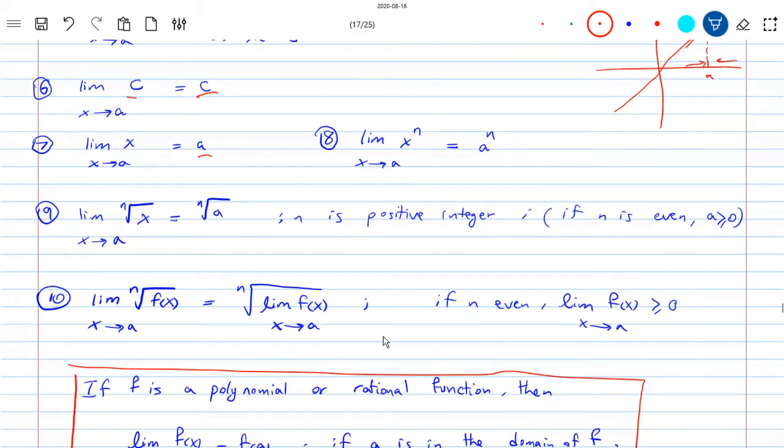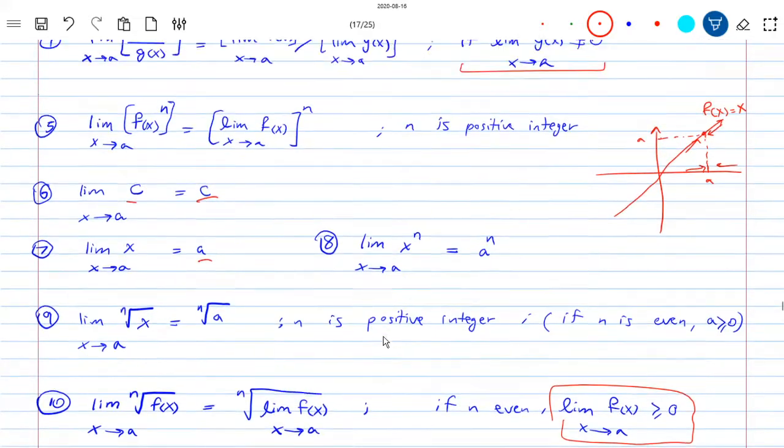If you have a function underneath the square root, you can calculate the limit of the function first, then take that square root or the nth root. Generally, it's true for the nth root. But if n is even, again, you have to make sure that the limit of the function underneath is greater than or equal to 0.